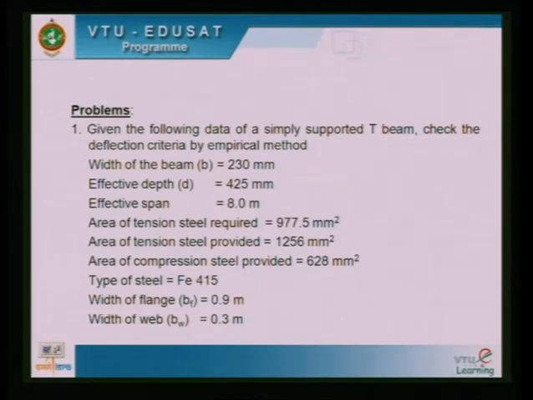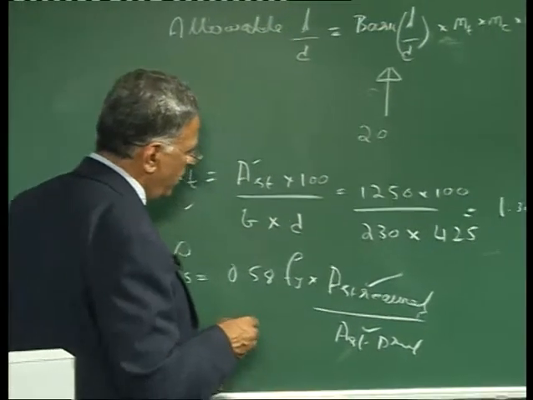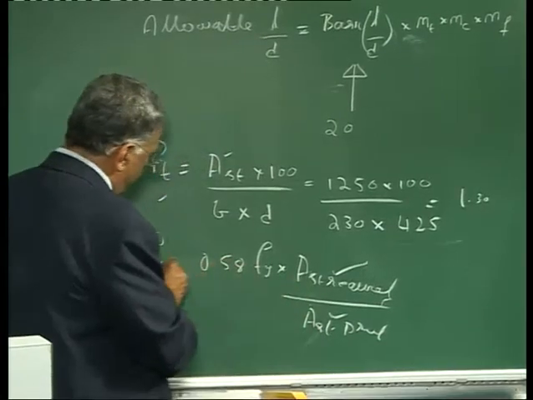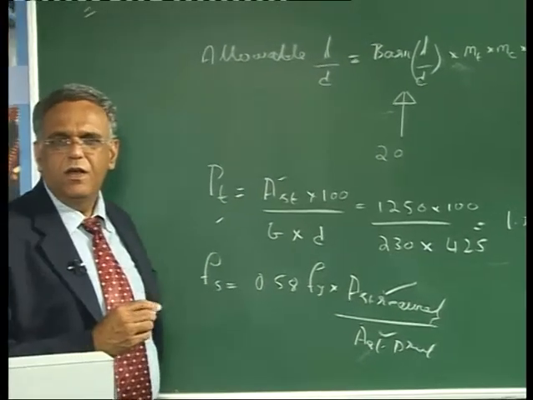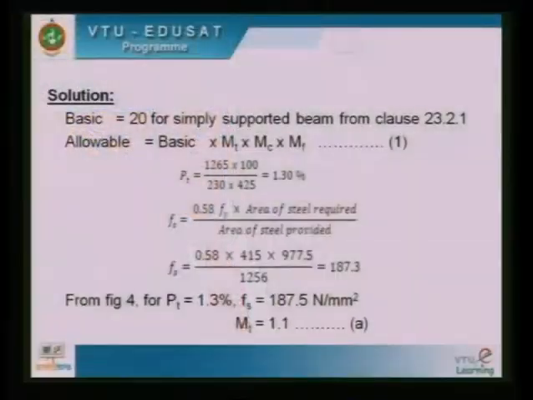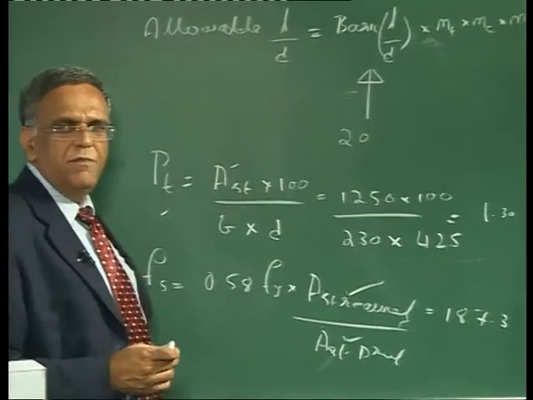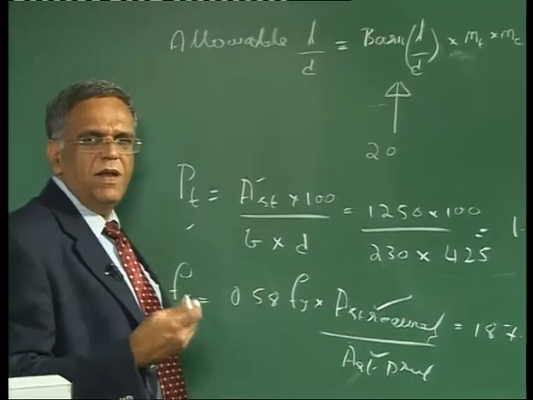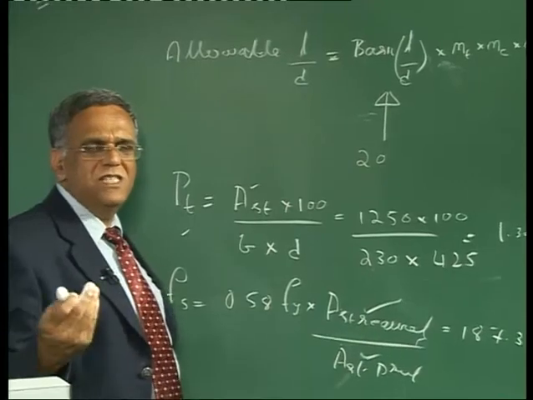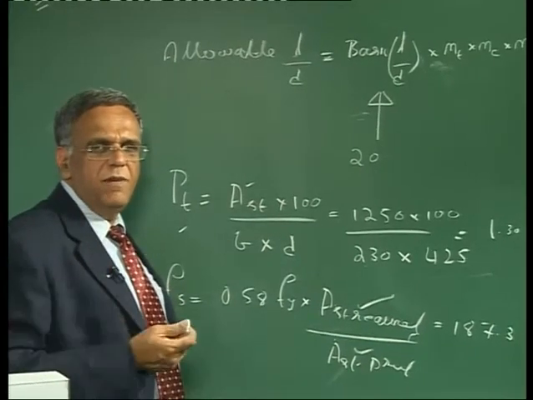So knowing these two areas, substituting in the formula for Fs, you can go to the graph of IS 456 and get the value of MT. Sorry, it is figure number 4. Figures 4, 5 and 6 give the values of MT, MC and MF.